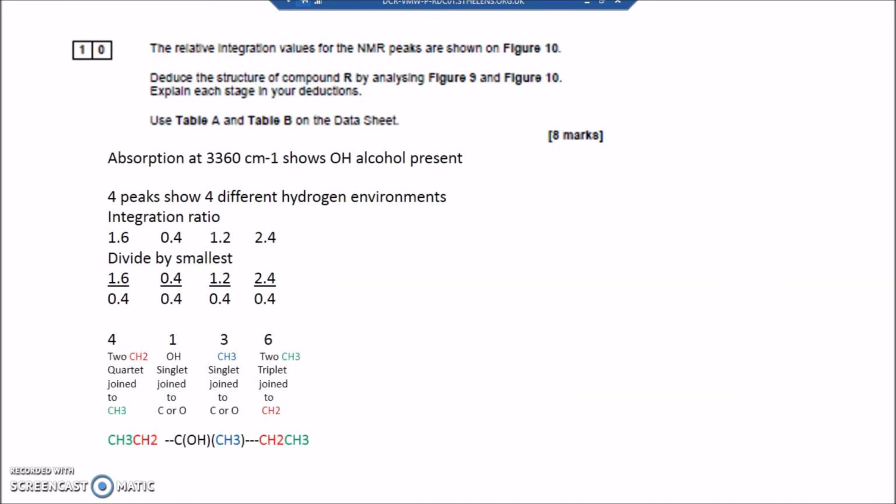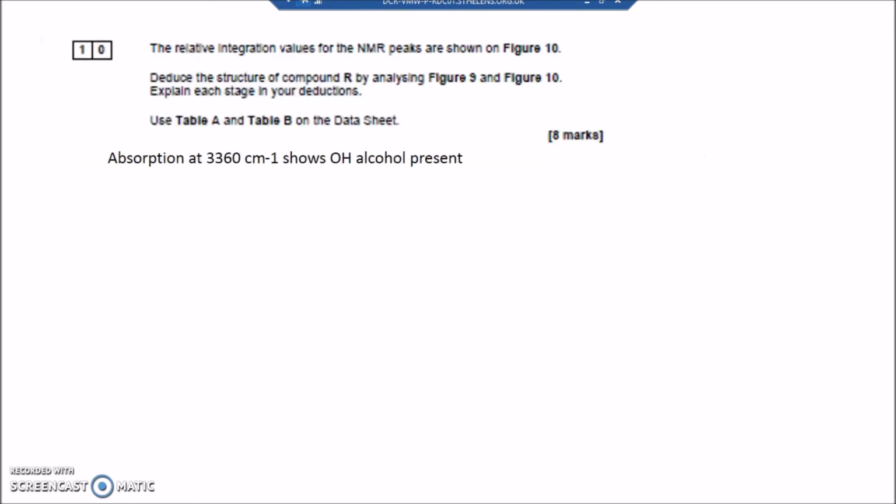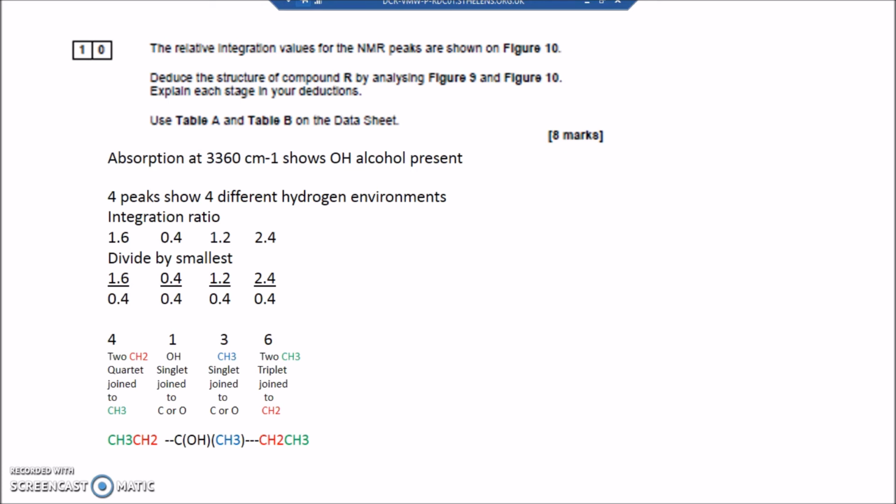What have I got then? So I've got a methyl group where there's a 3. A 6 is usually 2 CH3s in a different environment, but 2 CH3s bonded to the same carbon usually give you 6. So we're looking at a triplet, 2 CH3s there. And then finally I've got a 4. What could a 4 be? Well, I can't have CH3, as that's 3 hydrogens.